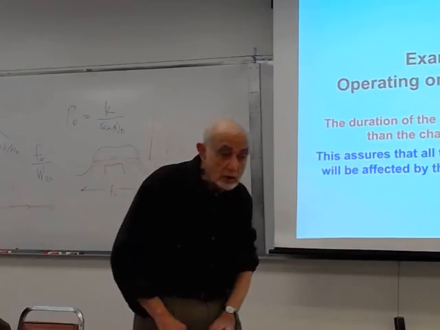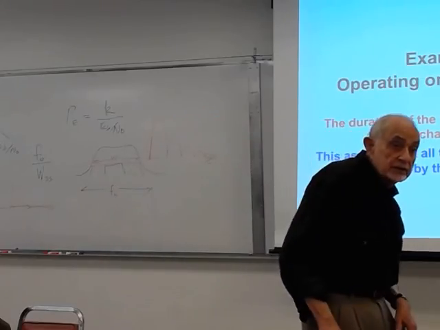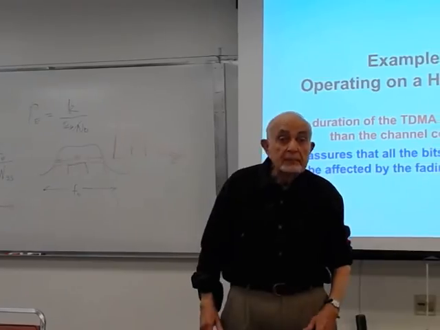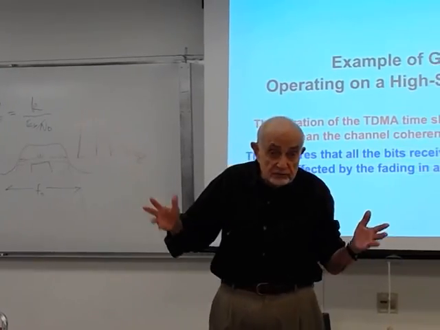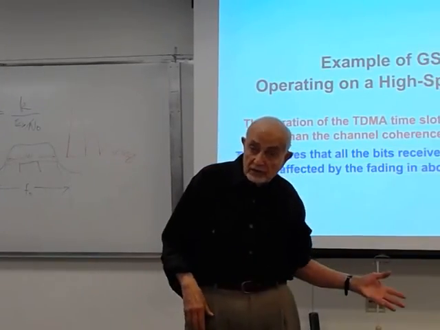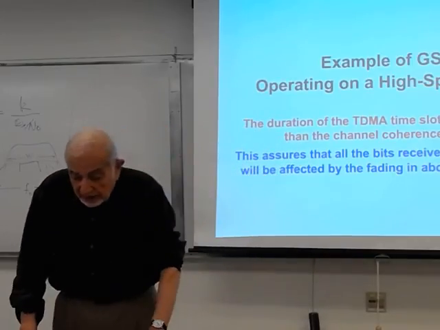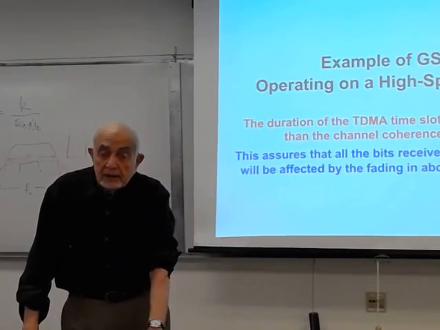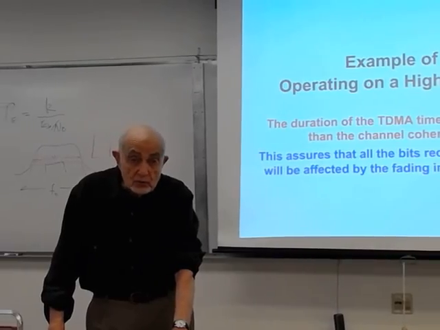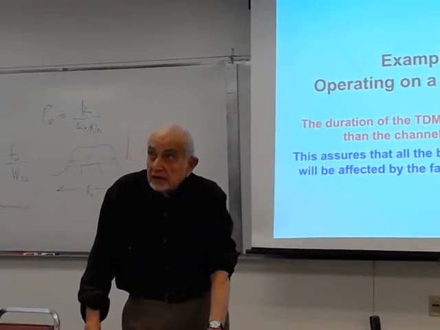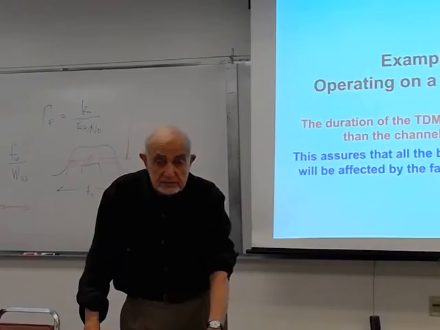If I'm walking slowly, the coherence time is maybe hundreds of milliseconds. If I'm walking fast, it's tens of milliseconds. But on a high-speed train, it's going to be pretty small, like a half a millisecond, something like that.